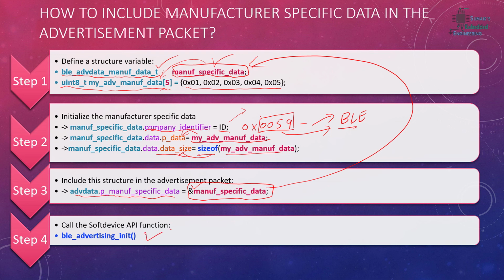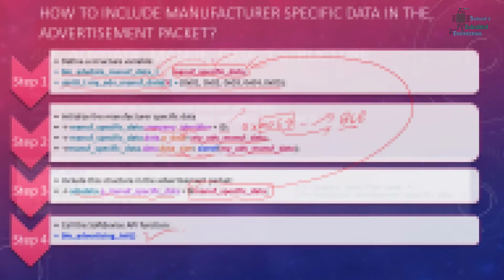Finally we will initialize our BLE advertisement, and once the advertisement is initialized, we can start the advertisement and transmit the advertisement data, which contains the manufacturer specific or vendor specific data.